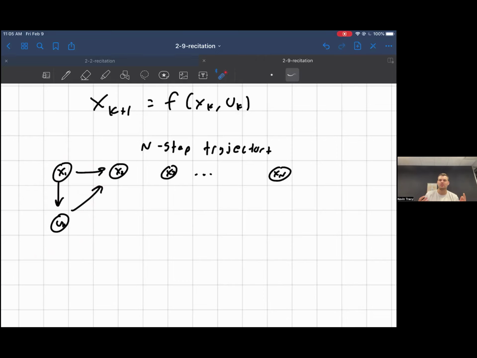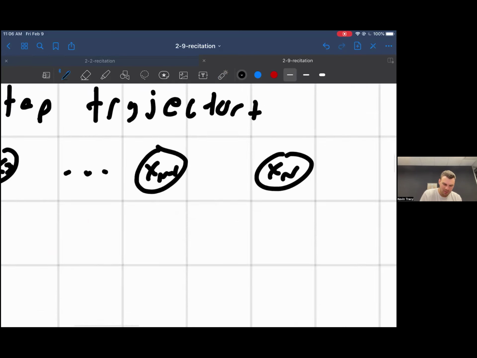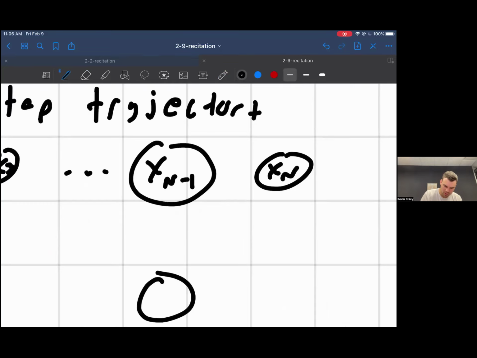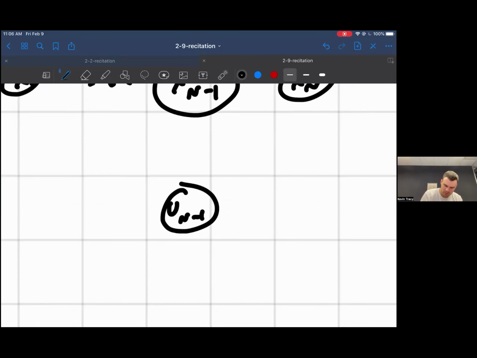If you've ever done a Markov decision process class, you'll see tons of these plots. This one is super simple. It's just showing us that we have a control and a state, and they both provide information to get us to our next state. And the main thing that we should know is that when we talk about the number of x's and the number of u's, let me make this a little bigger. x_{n-1}, u_{n-1}.